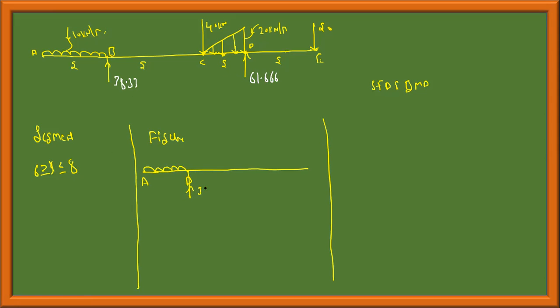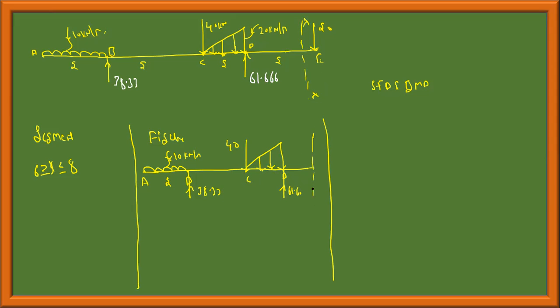There is a load, 38.33, 10 kilonewton per meter, to C, interior is covered. This is point D. There is 40 kilonewton. There is 61.66 kilonewton. I have passed the section x4 like this.